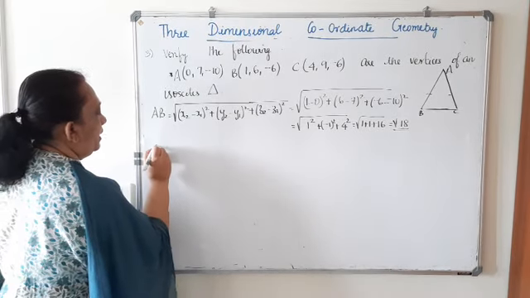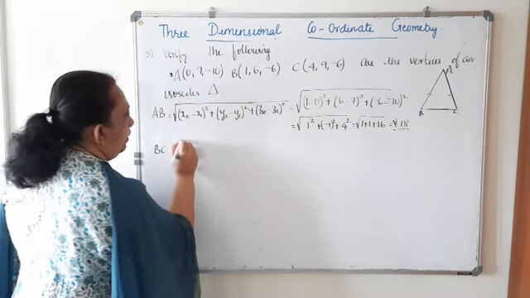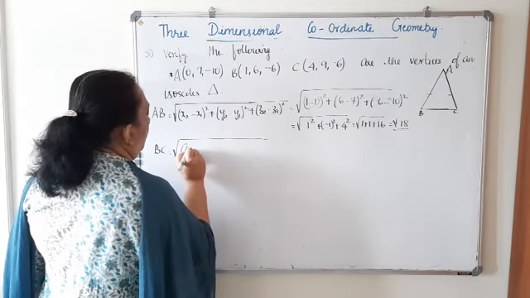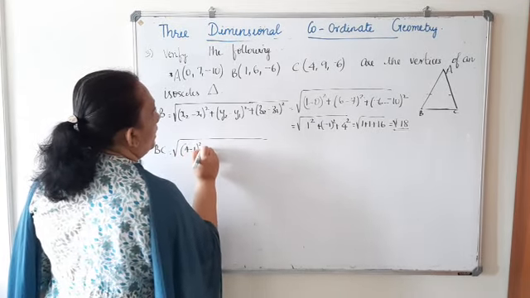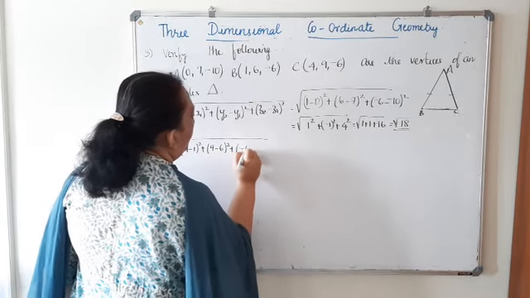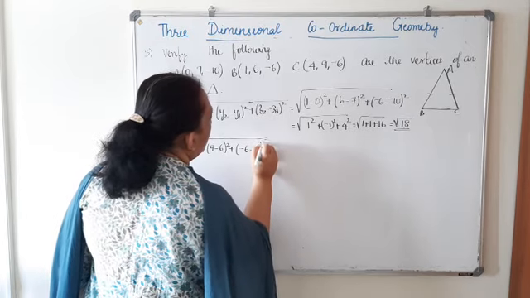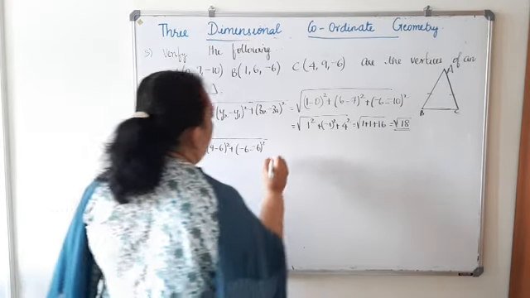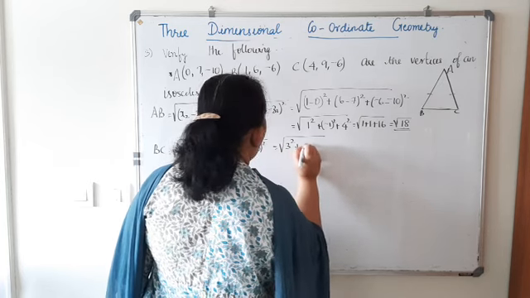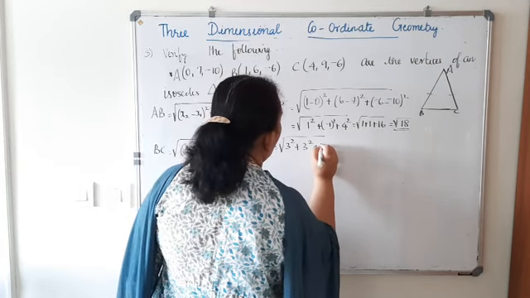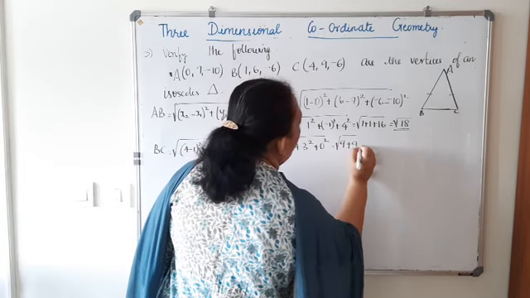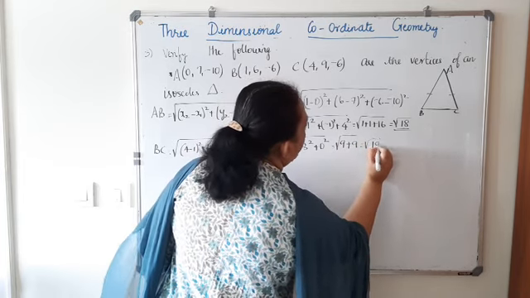Find length of BC. BC is equal to root of (4 minus 1) the whole squared plus (9 minus 6) the whole squared plus (minus 6 minus 6) the whole squared, is equal to root of 3 squared plus 3 squared plus 0 squared, is equal to root of 9 plus 9, is equal to root of 18.